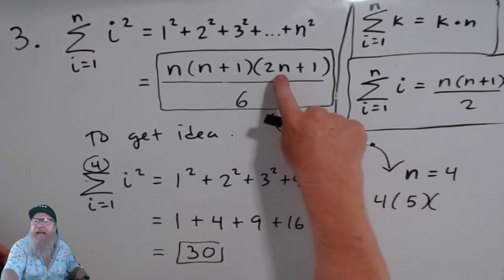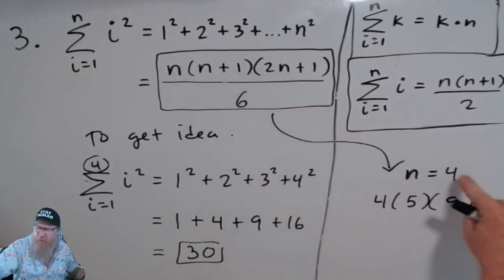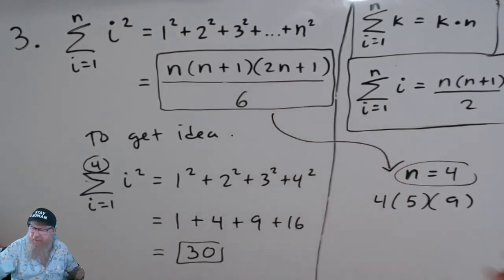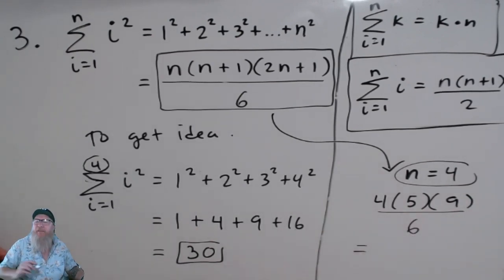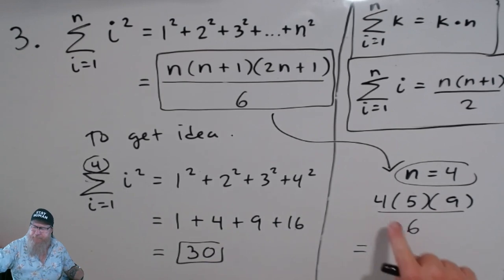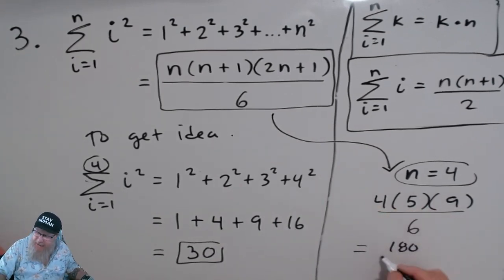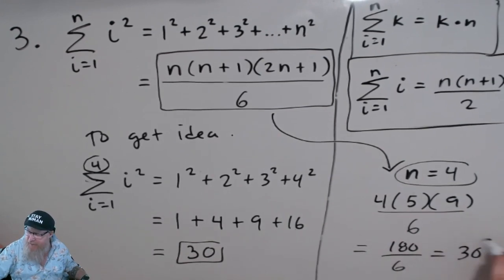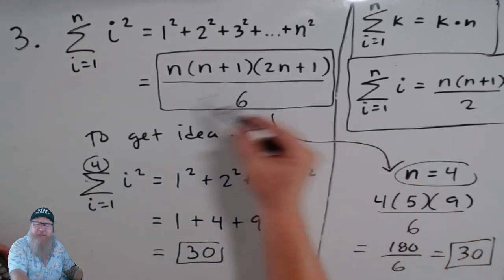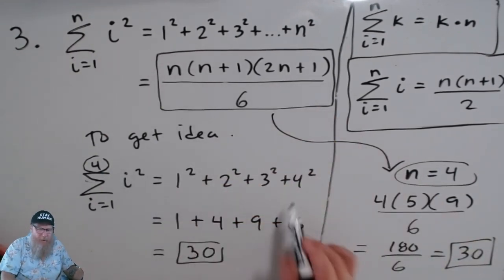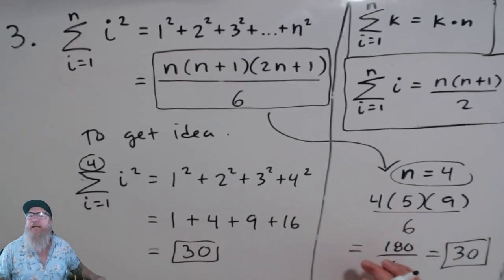Well, 2n is 8, so that would be 9, right? 2 times 4 plus 1 is 9, and then divide that by 6, and this should give you the same number, which is 30. 4 times 5 is 20, 20 times 9 is 180, 180 divided by 6 is, in fact, 30. So this recipe gives you a quick way of adding up a bunch of perfect squares without actually having to add them.